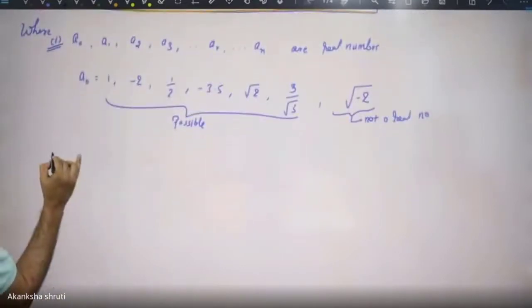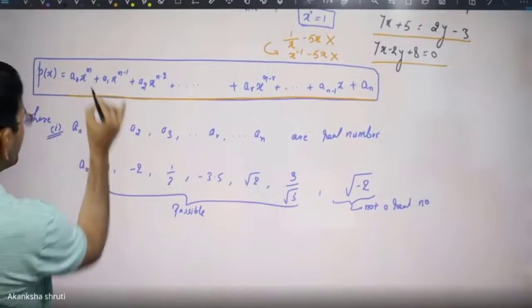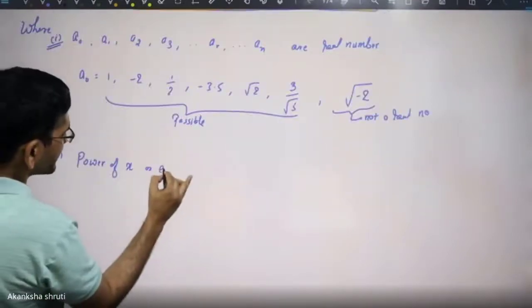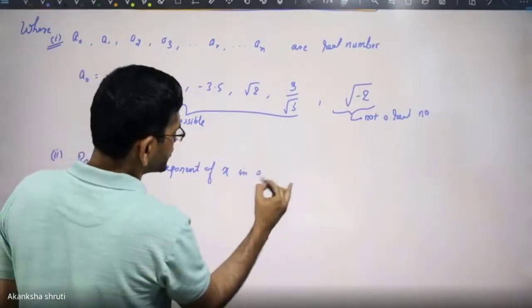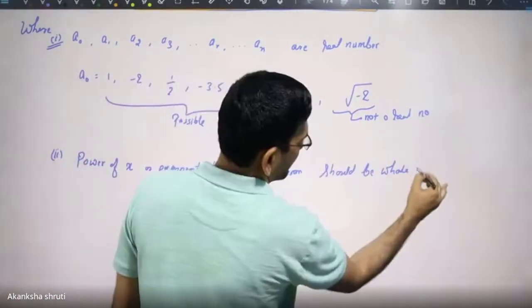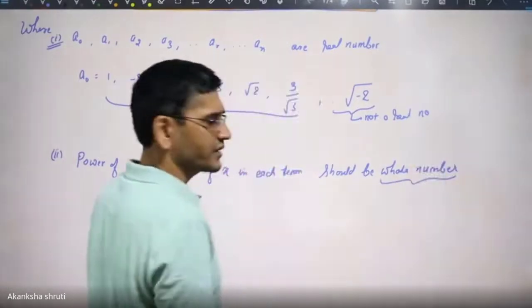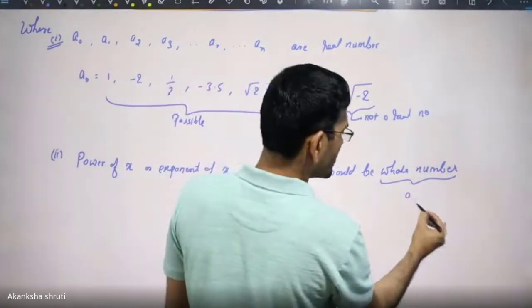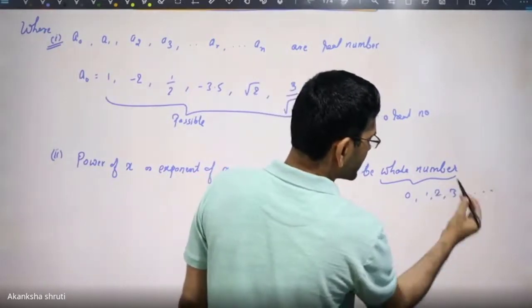The second one is whatever this power of x, or exponent of x in each term, should be a whole number. Whole number is what, student? It starts with 0, 1, 2, 3 like this.